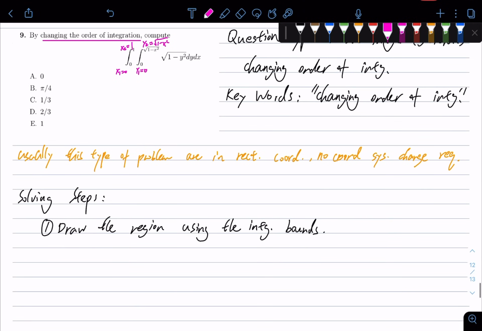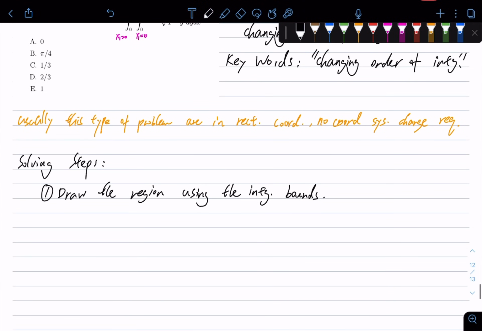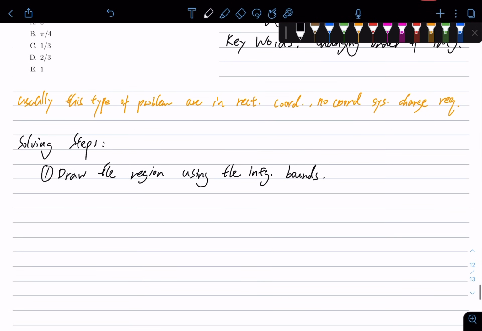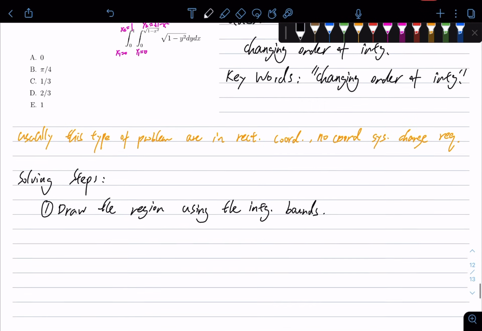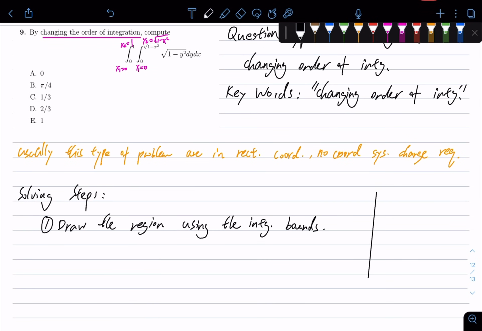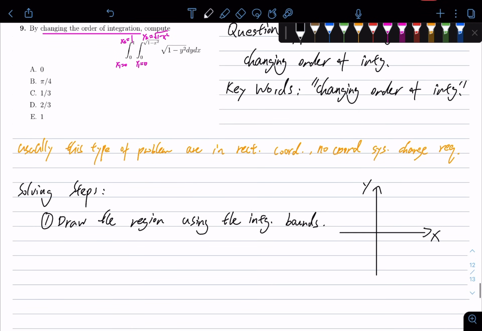So I think everybody at this point is comfortable with drawing such a shape. So I'm just going to go ahead and do it. We have our coordinates of x, y, and let's take a look at the x bounds first. x is from 0 to 1. That automatically eliminates the regions on the left, the negative x-axis.